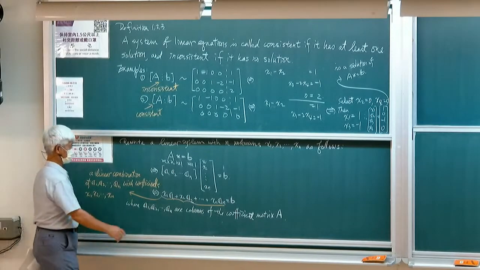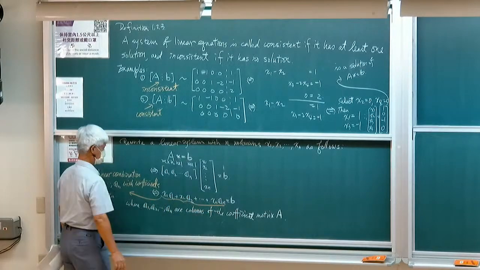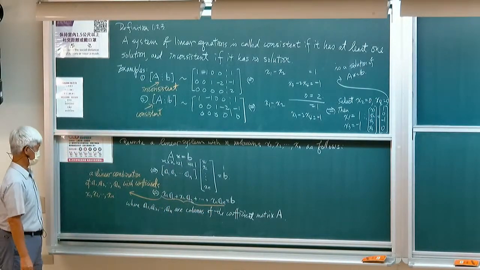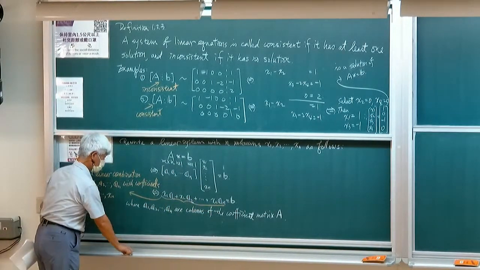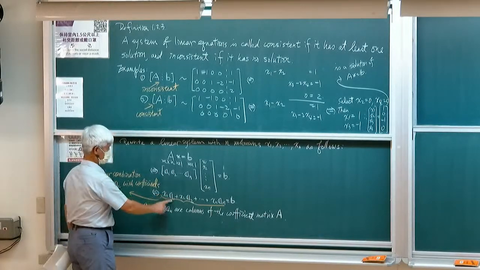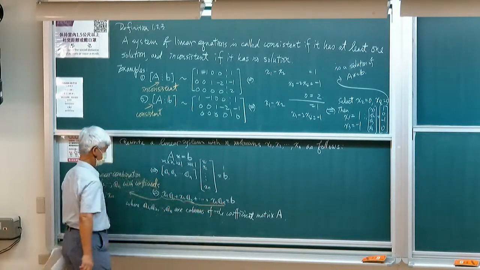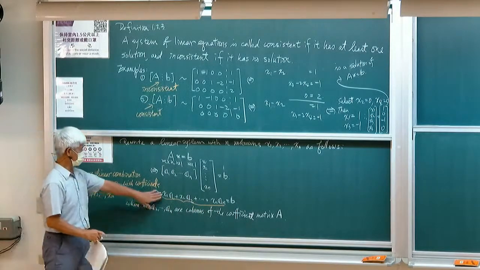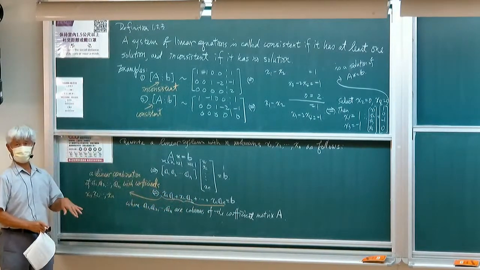Right. So the terminology used for this expression is a linear combination of the vectors A1, A2 up to An, and the unknowns play as coefficients.